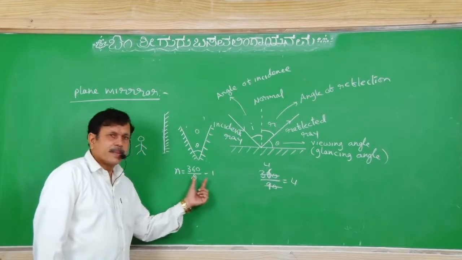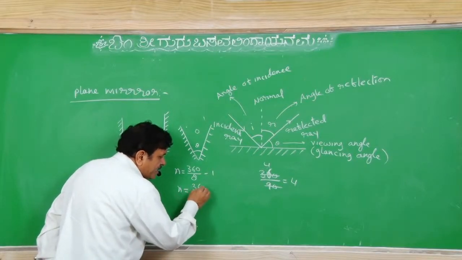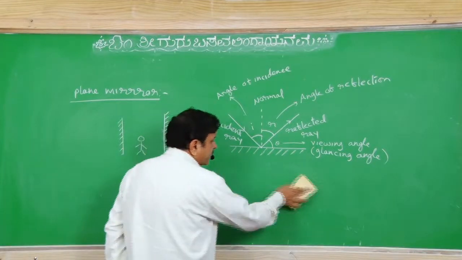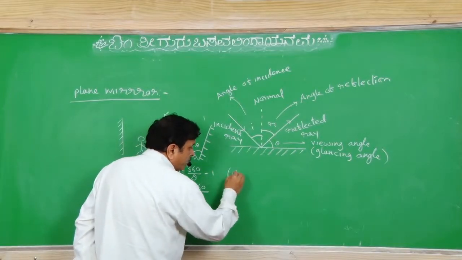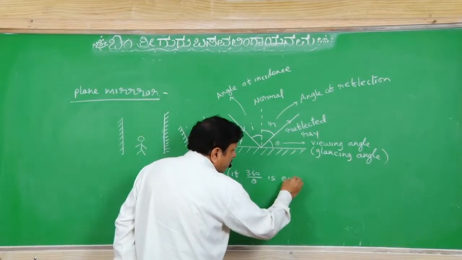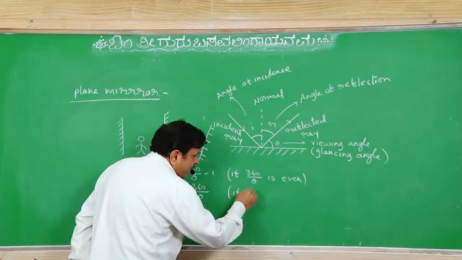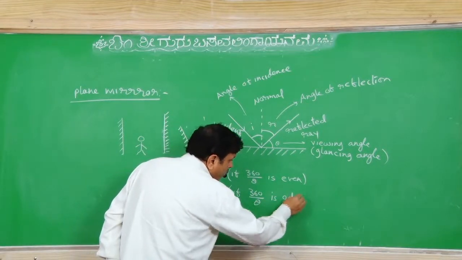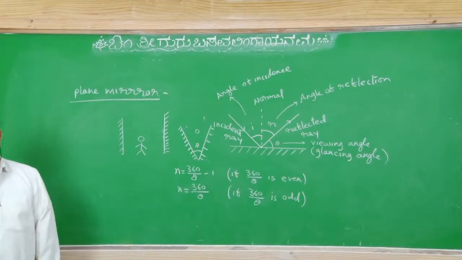On the other hand, if 360 by theta comes out to be odd, then there is no need to subtract 1. So if 360 divided by theta is even, we use this formula, and if it is odd, we use the other formula for calculating how many images are formed.